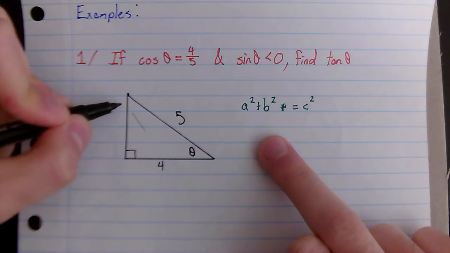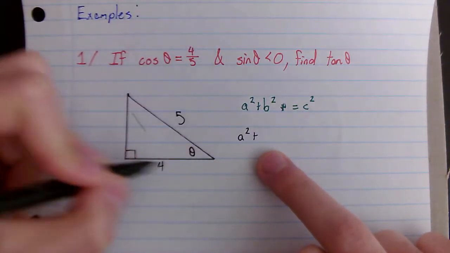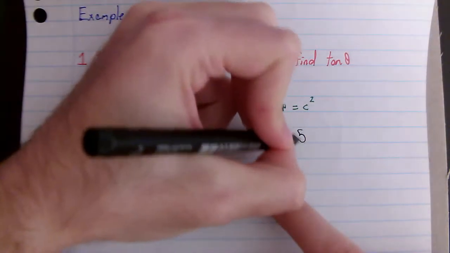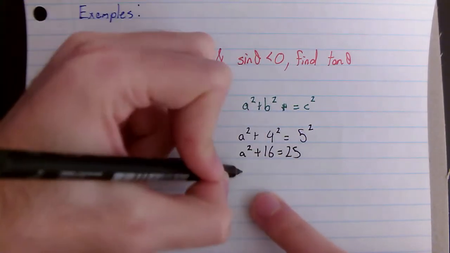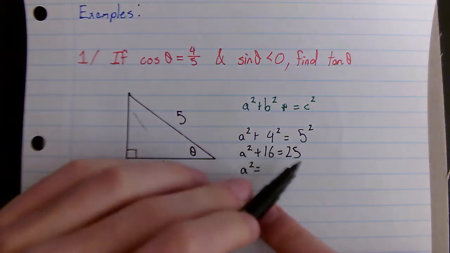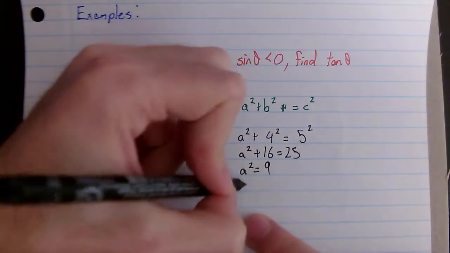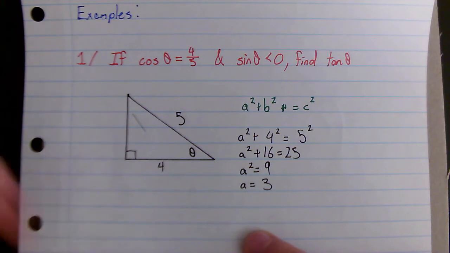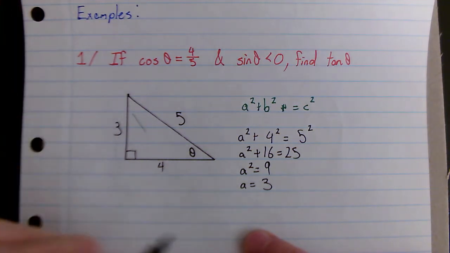Let's say this side here is a, so a squared plus 4 squared is equal to 5 squared. A squared plus 16 equals 25. Subtracting 16 on both sides, a squared is equal to 9, and by square rooting both sides, a is equal to 3. It could be plus or minus 3, but this is a length, which must be positive. So we'll write a 3 in there.